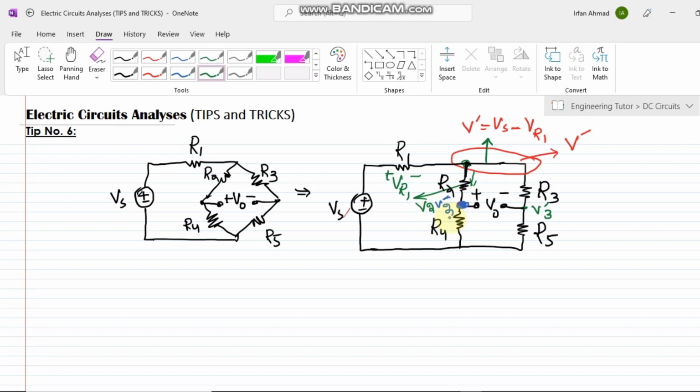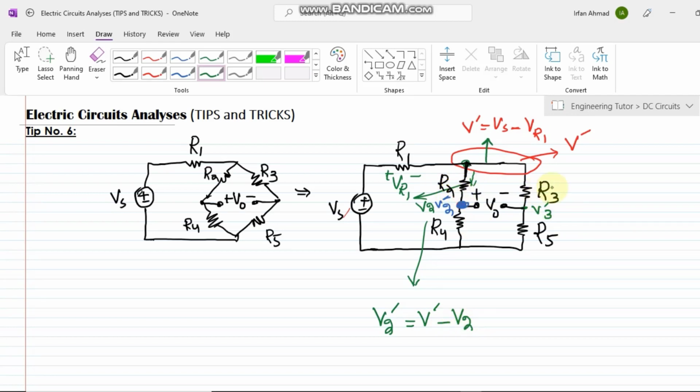So V2 prime will be equal to V prime minus V2, the voltage consumed across this resistor.